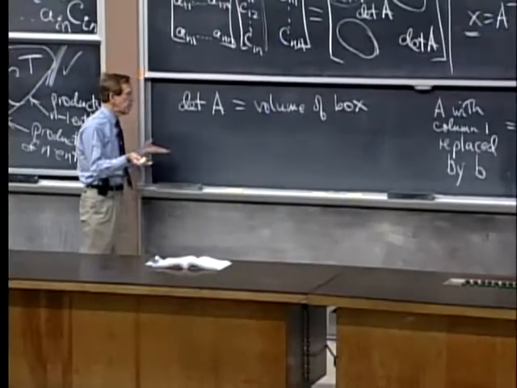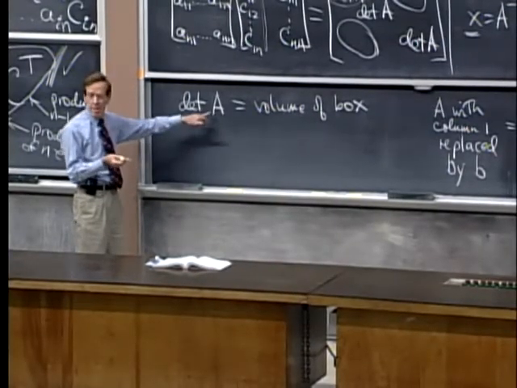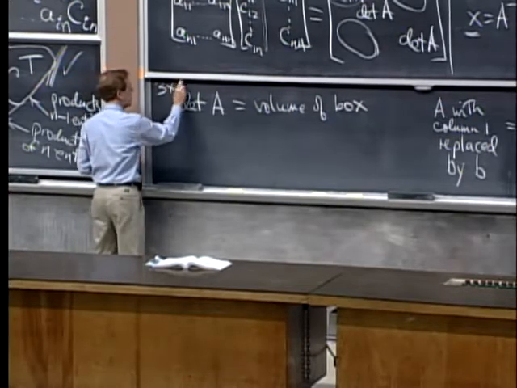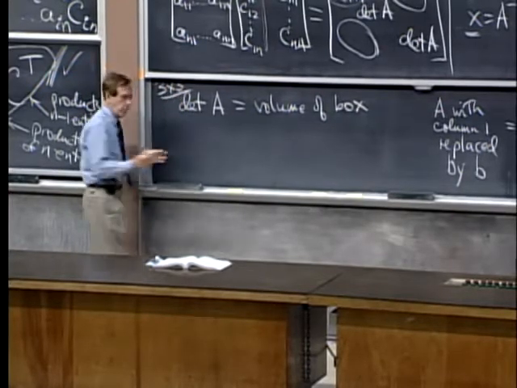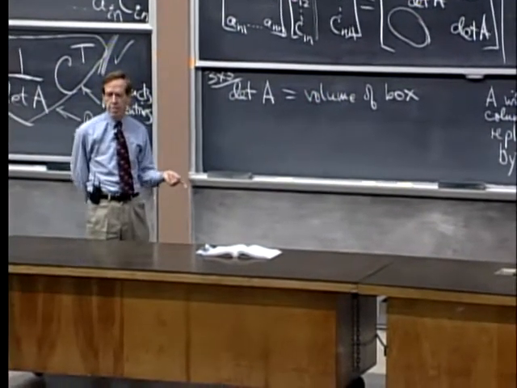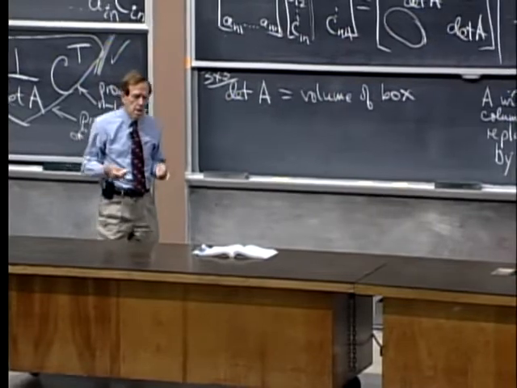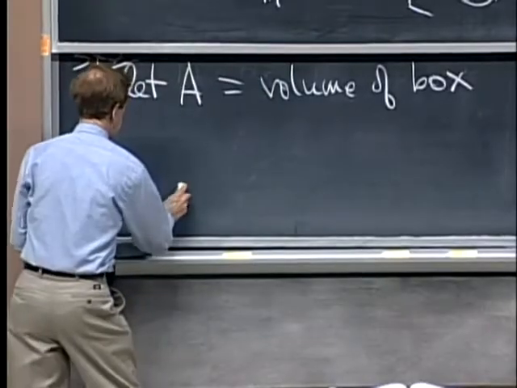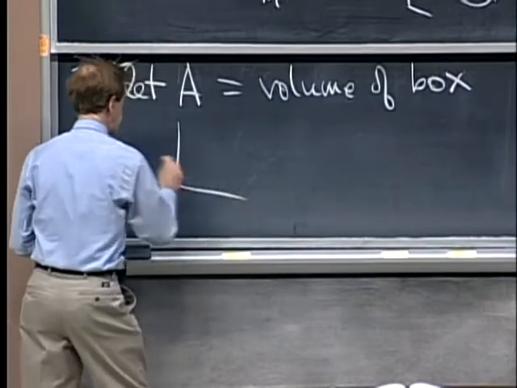Let's see. Shall we suppose we're in 3 by 3, so we're talking about boxes in 3 dimensions and 3 by 3 matrices. And so all I do, you could guess what the box is. Here's 3 dimensions.